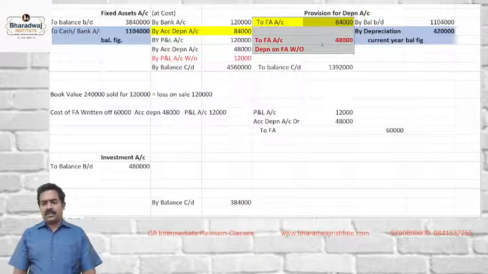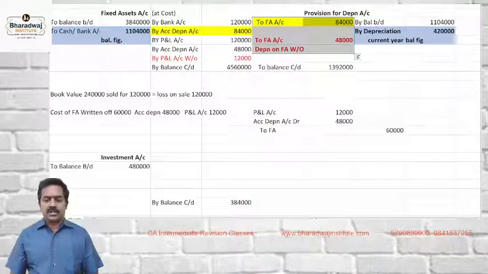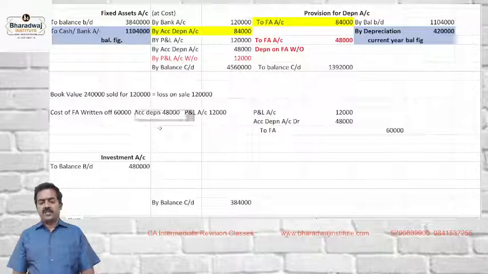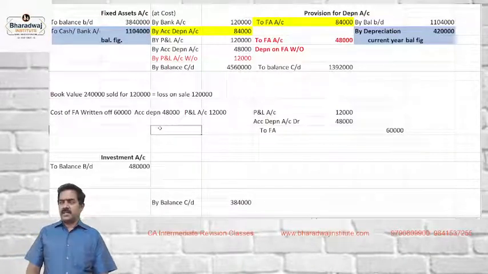So record the depreciation on the asset sold and asset written off. You will get depreciation for the current year as a balancing figure. As a balancing figure in assets, we get what? Paid for purchase of asset.